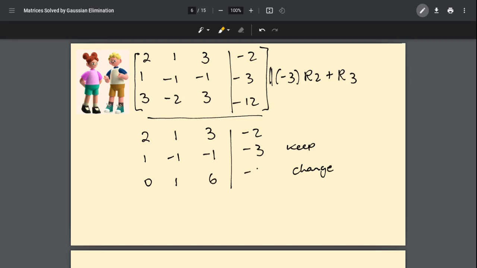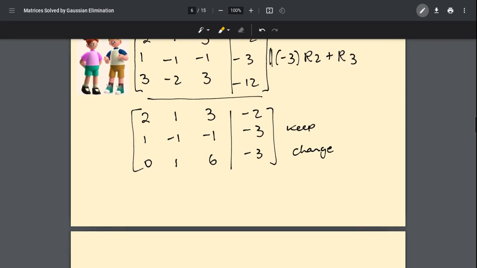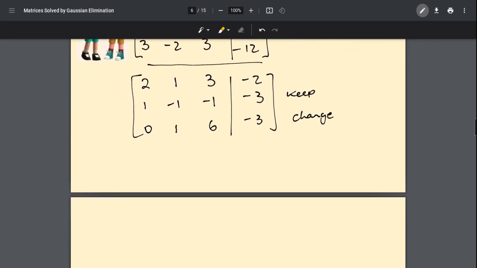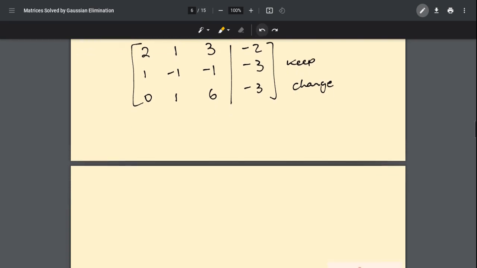That's 6, that's -3. Boom. So I got that. Now my goal is to still make this a 0 and this a 0. Okay, that's the goal. In the process, you happen to get those ones going. Okay, that would be your reduced echelon form.